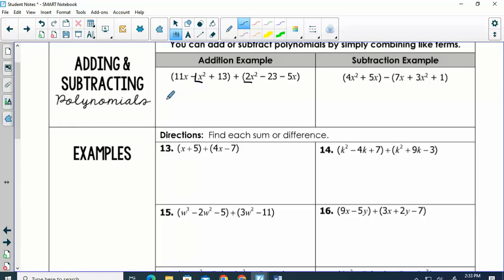Negative 1 plus 2 is just a 1x squared. You can write the 1 or you can leave it off, either way. Then we look at our x. I have an 11x and a negative 5x. And then we look at our numbers. 13, negative 23. Okay. And that is my final answer.